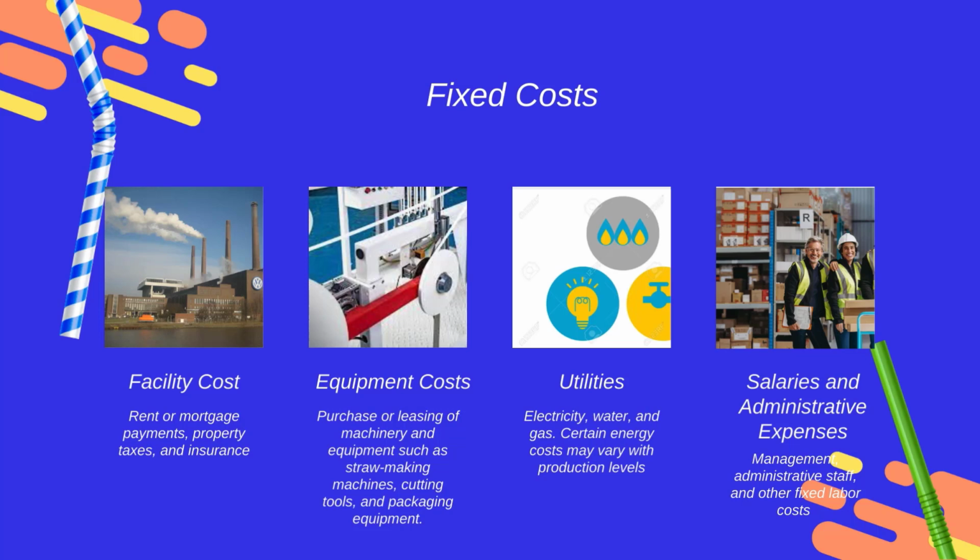About the equipment cost, it is the purchase or leasing of machinery and equipment such as the straw making machine, cutting tools, and packaging equipment. Then the utilities, which are the electricity, the water, and the gas. Certain energy costs may vary with production level. Lastly, the salary and administrative expenses: management, administrative staff, and other fixed labor costs.